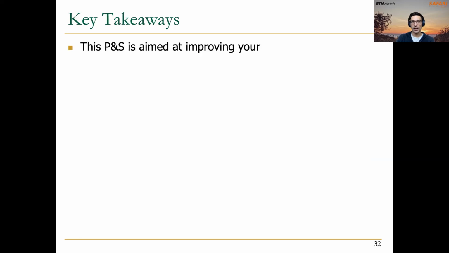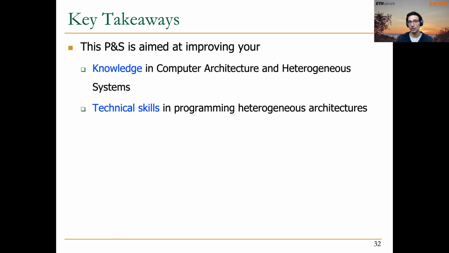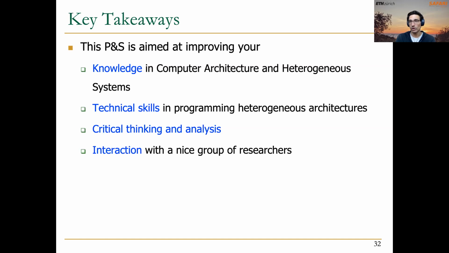So, key takeaways of this course and how you will feel after you finish it. This P&S is aimed at improving your knowledge in computer architecture and heterogeneous systems, your technical skills in programming heterogeneous architectures, and your critical thinking and analysis. You will interact with a nice group of researchers, the Safari research group, and this way you will also become familiar with key research directions.